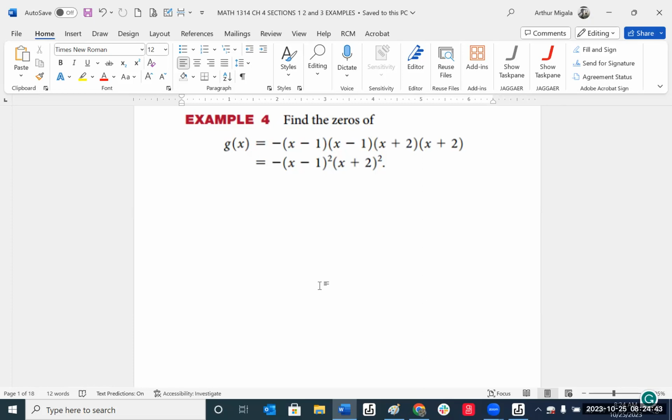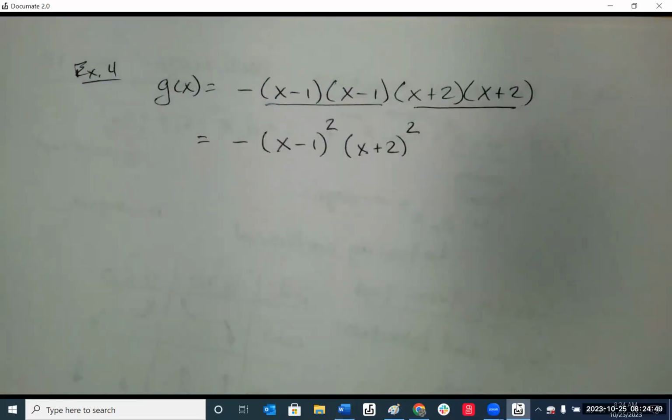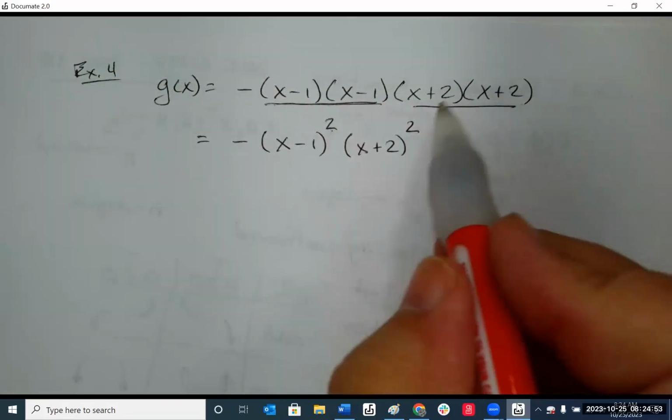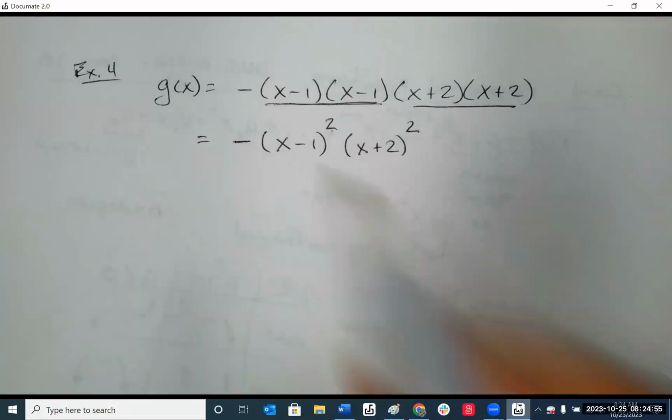And since x plus 2 happens twice, we put a 2 there. And the leading coefficient is negative.